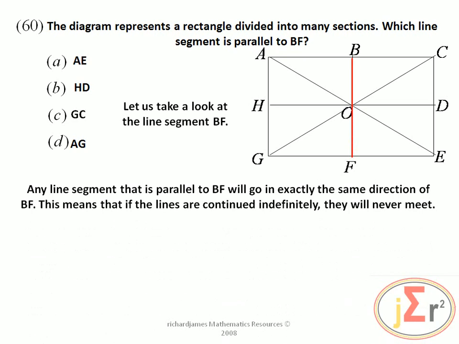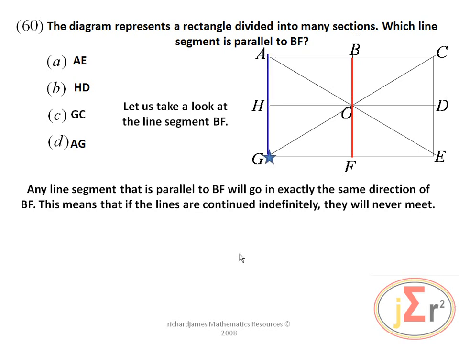This means that if the lines are continued indefinitely, they will never meet. So if we are going to look for lines that go in the same direction as BF, or they will continue in the same direction indefinitely, they will never meet. So which lines will be parallel to BF?